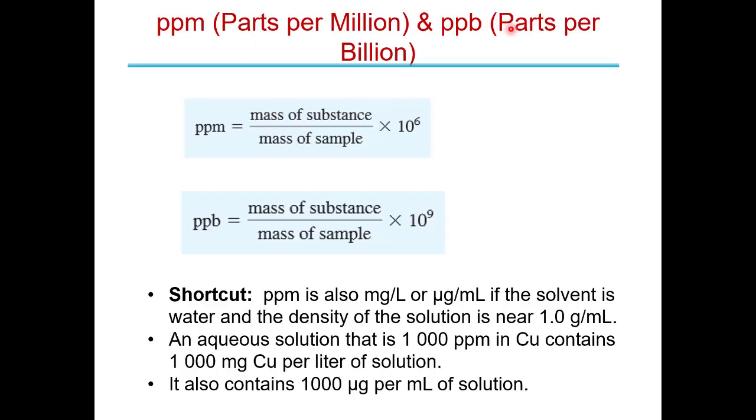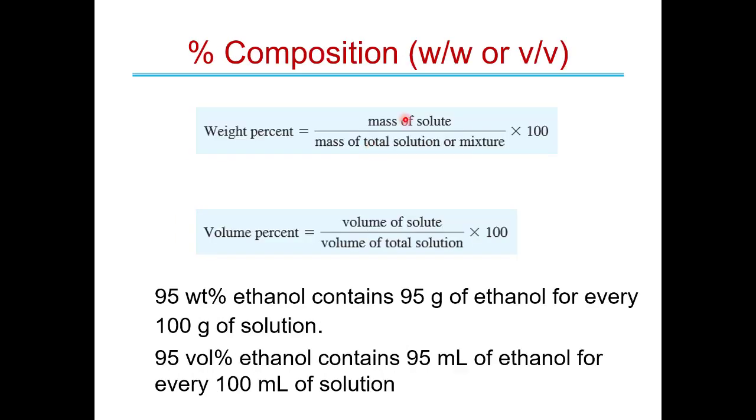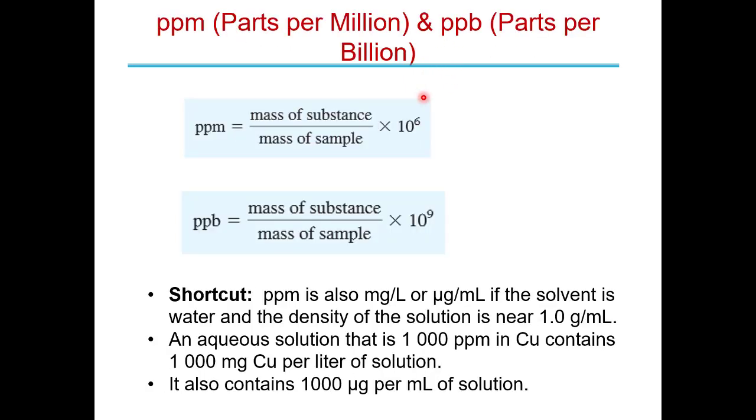Parts per million and parts per billion are very similar to that, and we can define those in terms of mass or volume. Here I've described them in terms of mass. First we make the ratio of the mass of the solute divided by the total mass of the whole solution, just like we did for weight percent. But instead of multiplying by 100, we multiply by 1,000,000, 10 to the power 6.